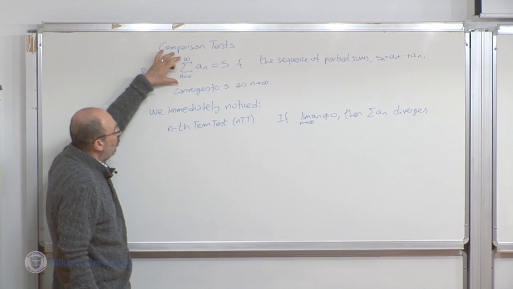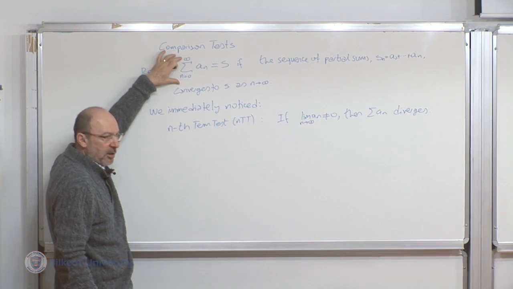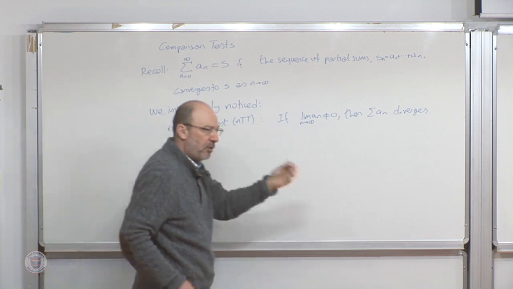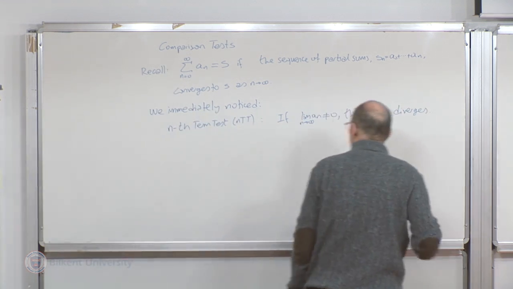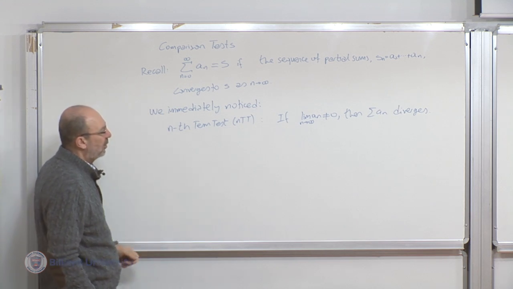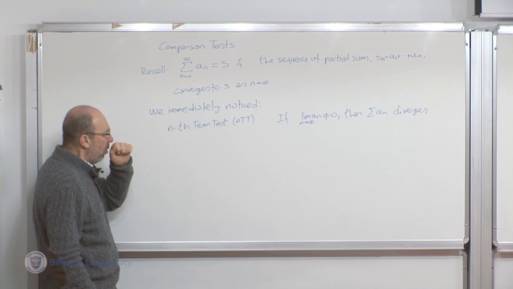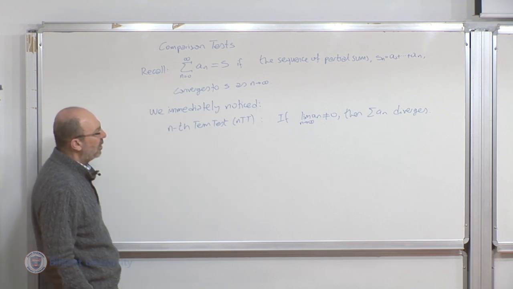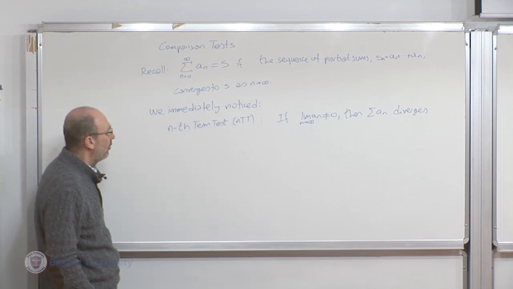Because the main question here is, given such a series, does it converge or diverge? If it converges, what the limit is is another question which we don't generally enter unless it's a very special case. And of course, we'll be interested in that when we come to Taylor series.